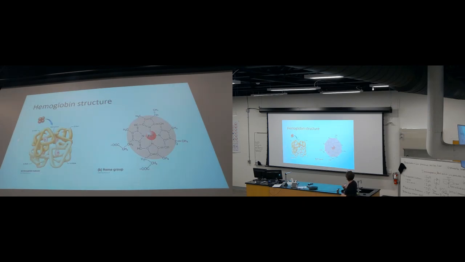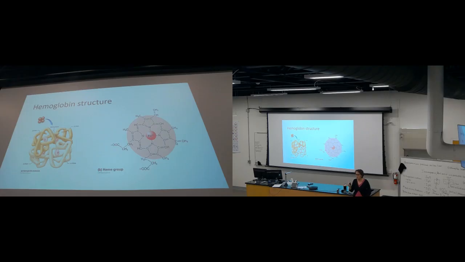This is the quaternary structure of the hemoglobin. You have these beta chains shown in kind of orange, well, yellow color, and these ones beige color, the alpha chains. And this is the heme. Each of the chains have heme. If you magnify the heme, you will see this chemical structure that in the center you have this iron. You can have Fe2+ or Fe3+. It's a different state of oxidation.